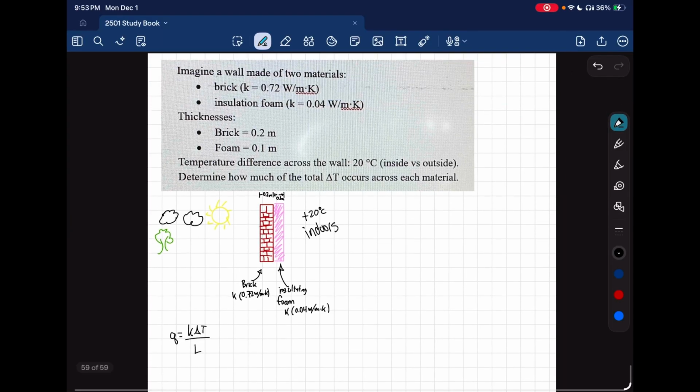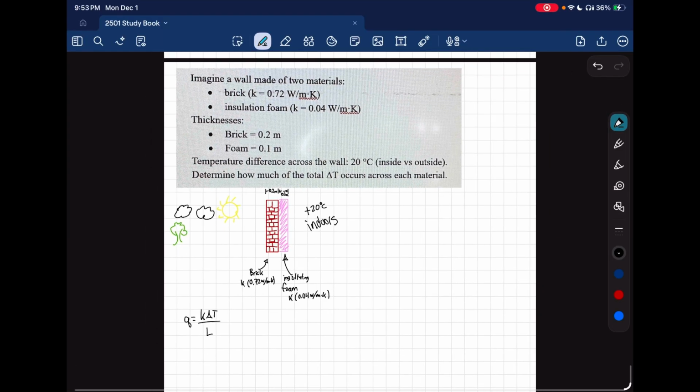Right. With this example, we are going to be talking about thermal conductivity. So as you can see here, we have our nice outside. We have a layer of brick, which is 0.2 meters long.